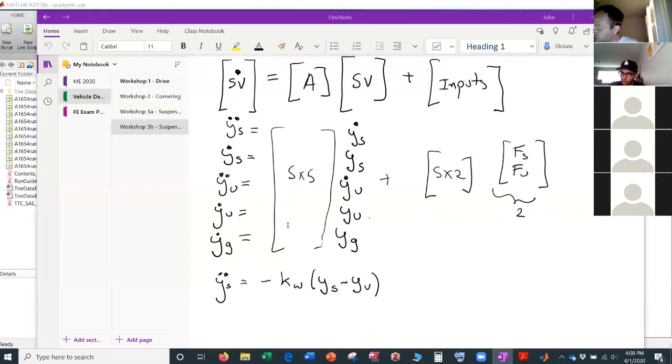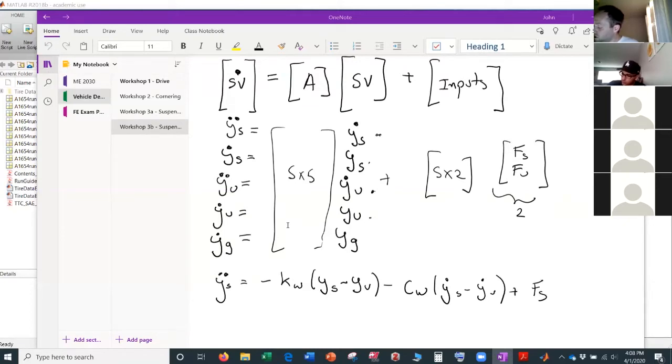So I'm solving in terms of these. That has those 2 terms, minus c wheel times y dot sprung minus y dot unsprung. And so that was this term and this term, so I'm using those 2 terms now. Plus the force on the sprung mass.